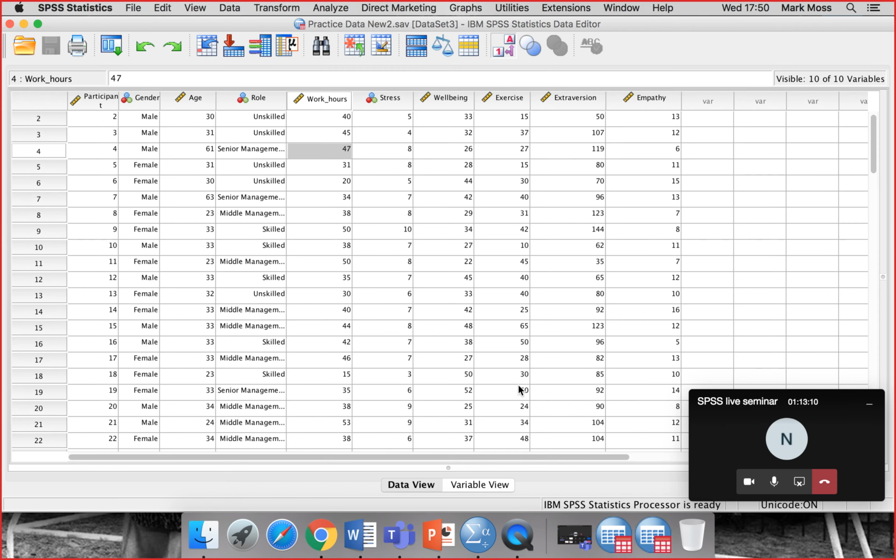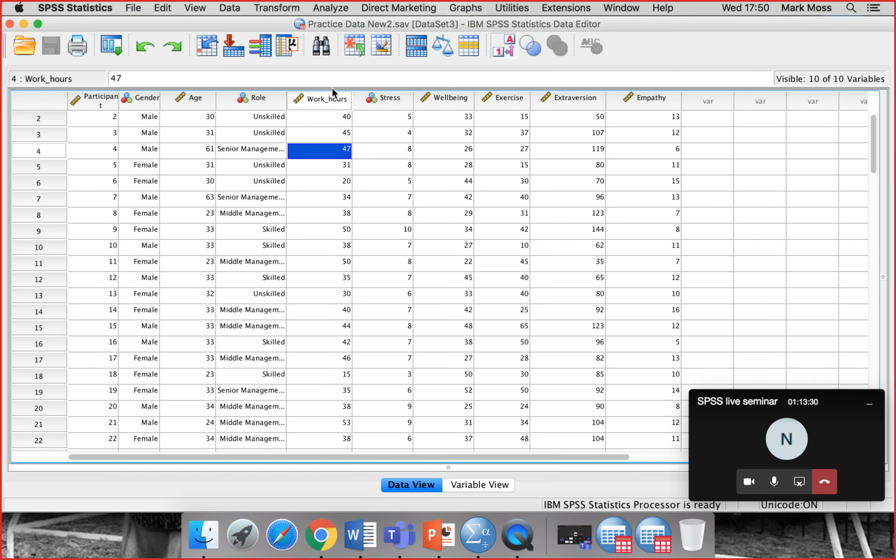And we go, well, I'll tell you what, well-being might not just be a function of the role that you're undertaking, but it might also be associated with the number of hours a week you work.